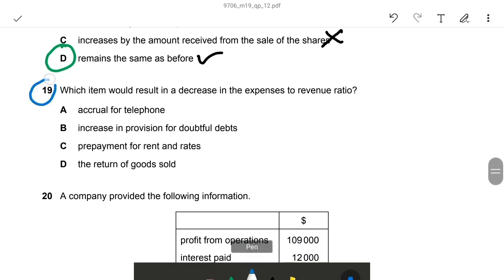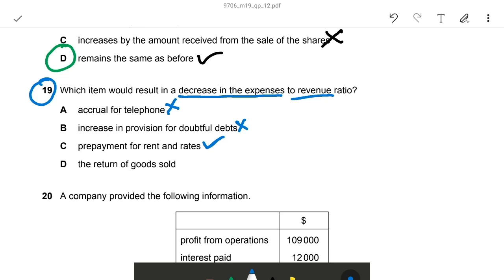19. Which item would result in a decrease in the expense to revenue ratio? Accrual for telephone: accrual will increase the expense, because we always add it to the expense. Increase in provision for doubtful debts: it will increase the expense. Prepayment for rent and rates: it decreases the expense.